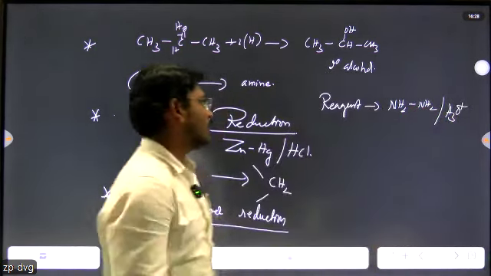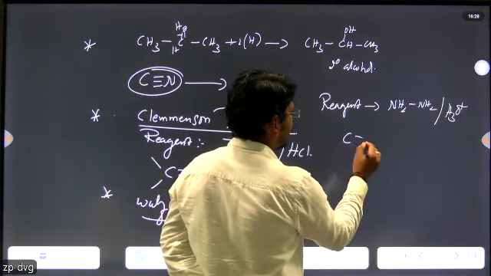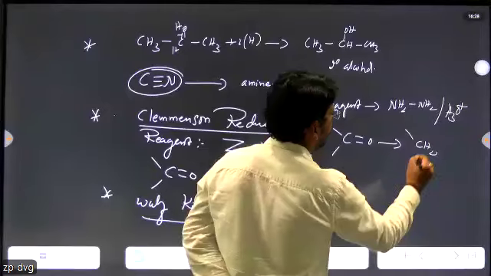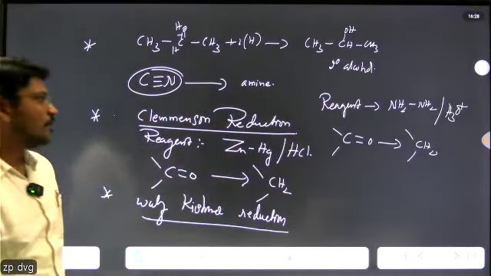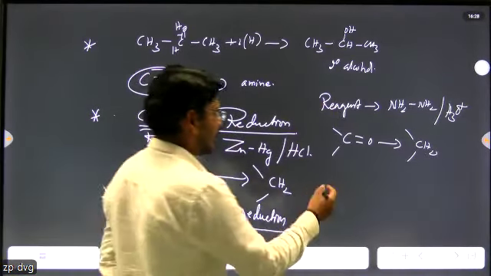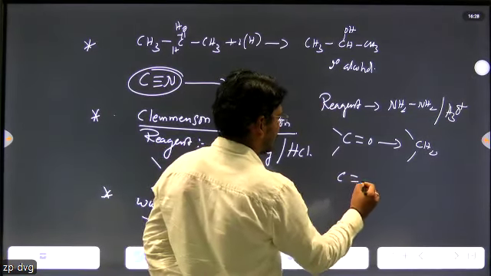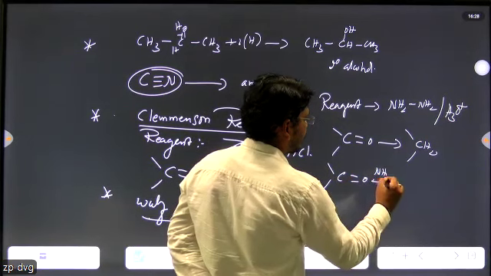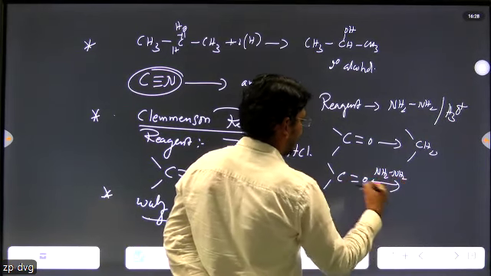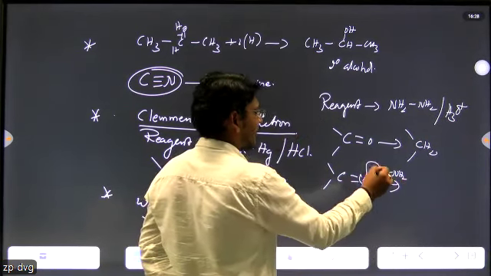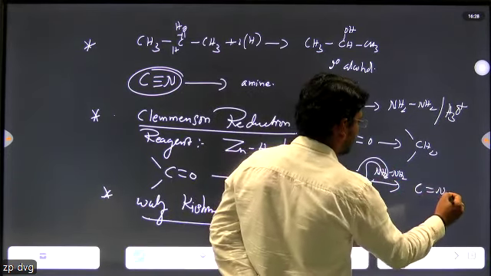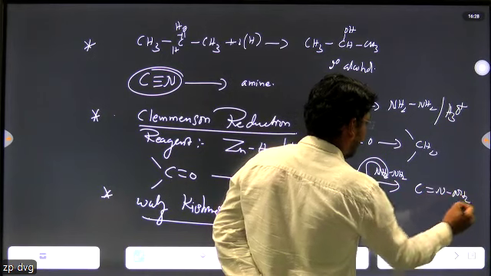So we can convert the C double bond O carbonyl group into hydrocarbons. Let us discuss how this can be converted into hydrocarbons. We already know that when C double bond O reacts with NH2-NH2, it is the same nucleophilic addition reaction, and a water molecule is removed. So we get the hydrazone, with N here and NH2.